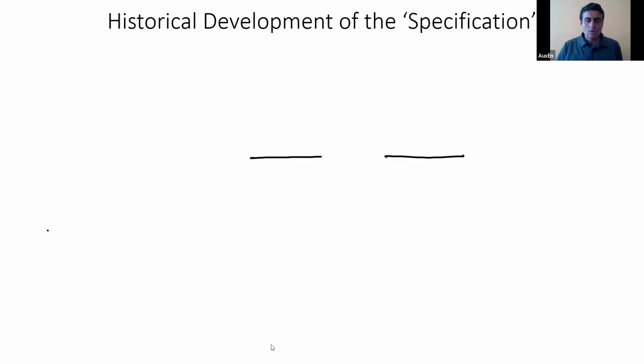Yeah. So let us look at the historical development of this specification. And when I say specification, that means the specification for structural steel buildings. What is this popularly known as?